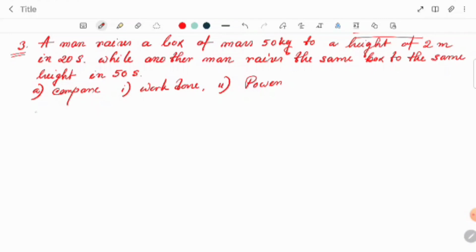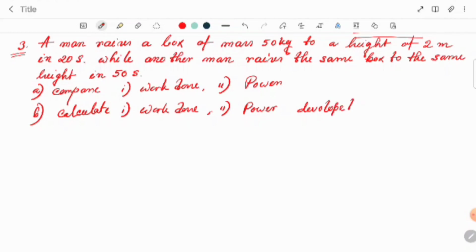And number 2, we have to calculate work done and power developed by each man, and this one developed by them. Okay, so let's see, that the first one we can calculate.